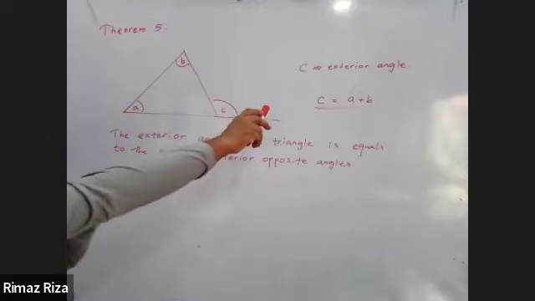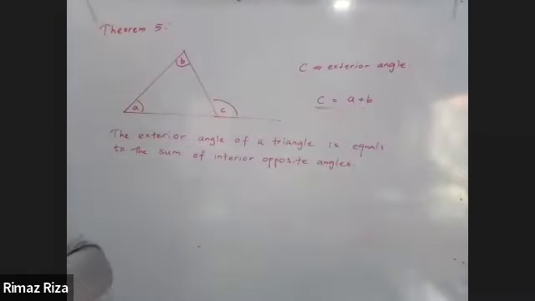And draw this and write C equals A plus B. C is the exterior angle.